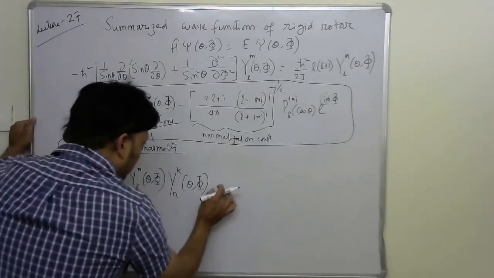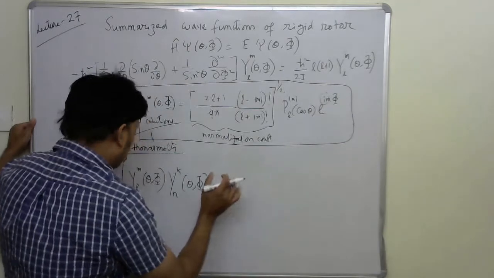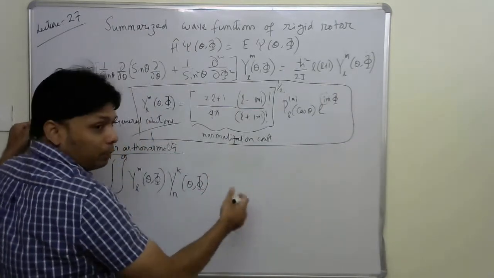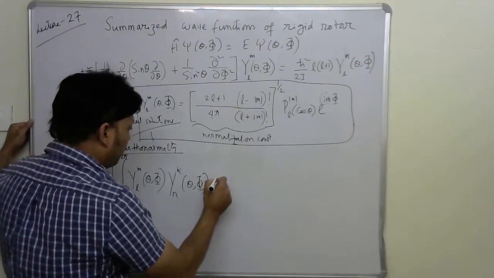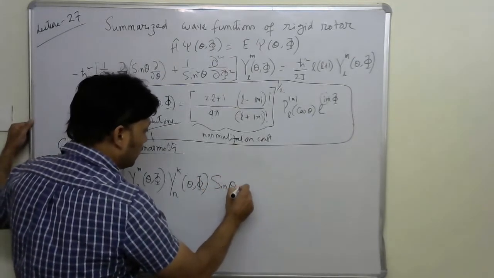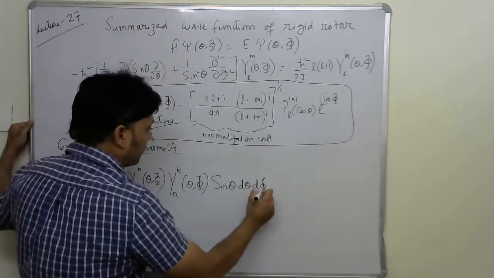And then we have the element, that is the dx part or d tau part of the volume element. So here in this case we have sine theta d theta d phi.